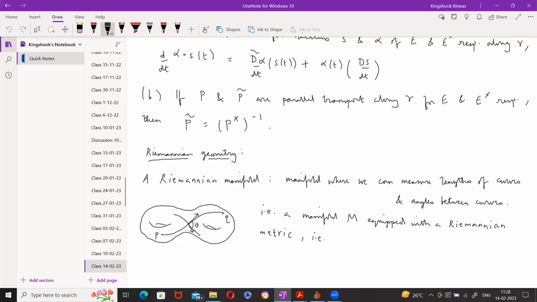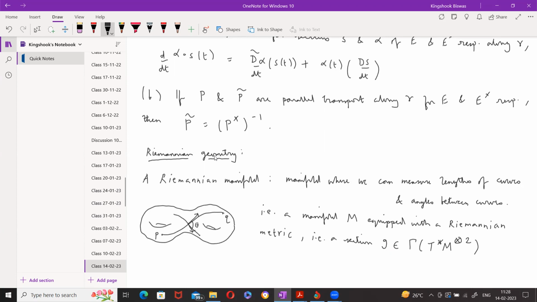So that means our Riemannian metric will be a section of the tensor product of the cotangent bundle with itself.